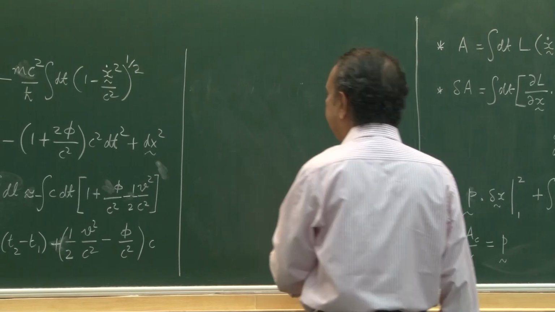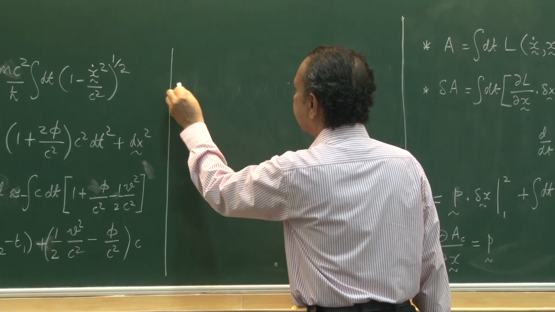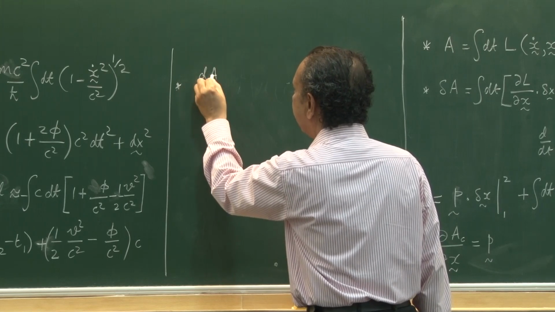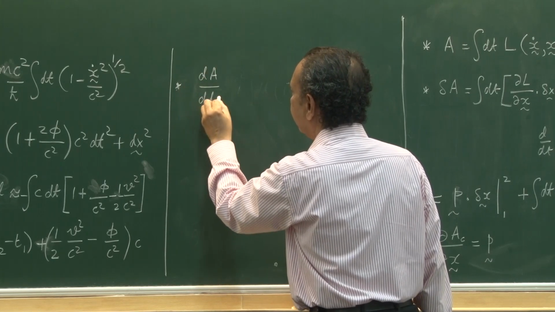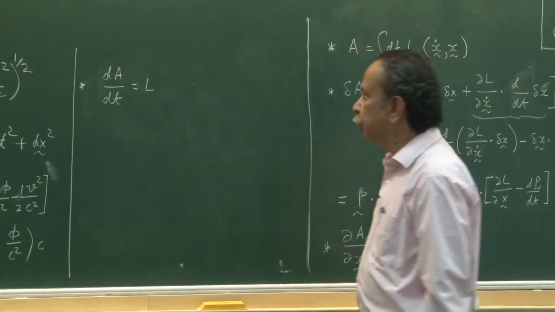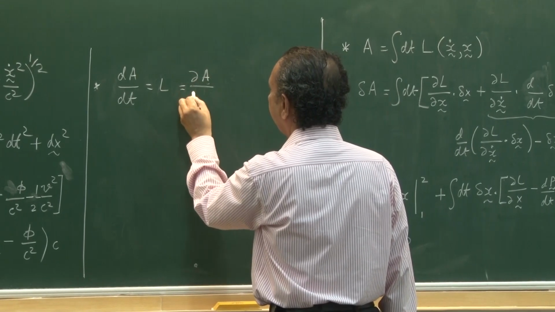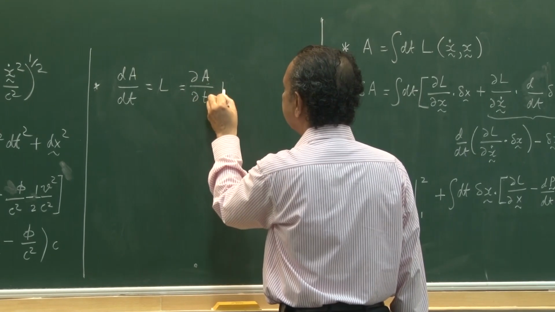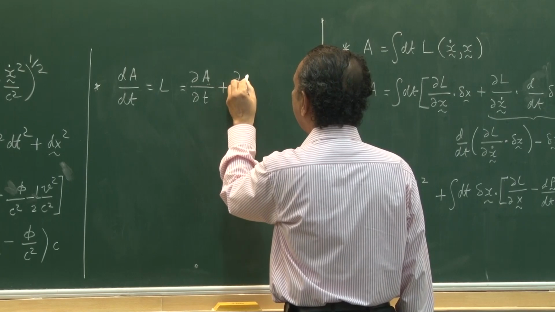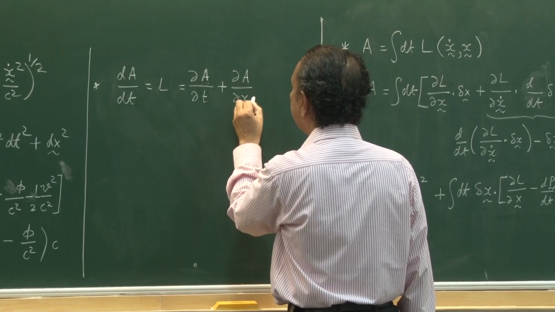You just need to do a little bit more work. To do that, you start with this relation: the total derivative dA by dt is by definition the Lagrangian L. You think of it as the partial derivative dA by dt, because it depends on the endpoints both this and dA by dx into x dot.